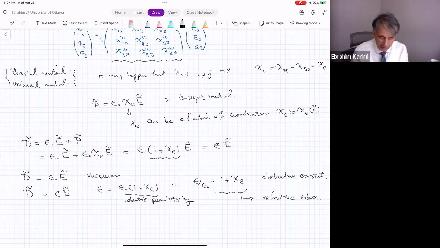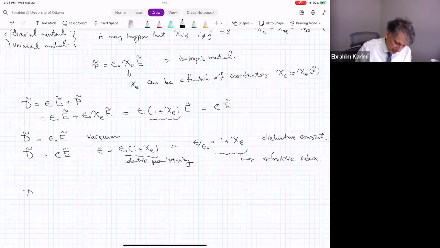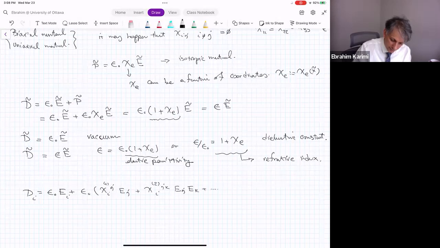And then, of course, in general, D is given by epsilon 0 E plus P. Now let's write it in this form, in a formal way: epsilon 0 chi ij Ej plus chi 2 ijk Ej Ek plus the other terms.